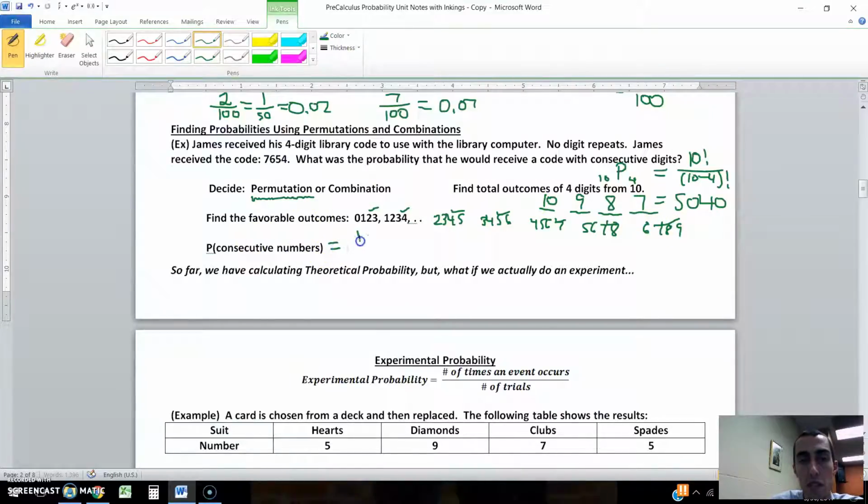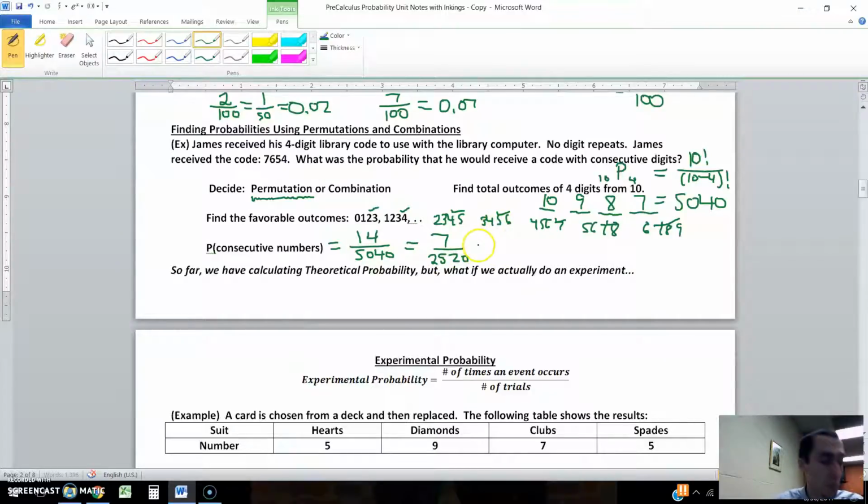So that probability of consecutive numbers is going to be 14 out of the 5,040 total. Simplify that fraction. We would have 7 out of 2,520.